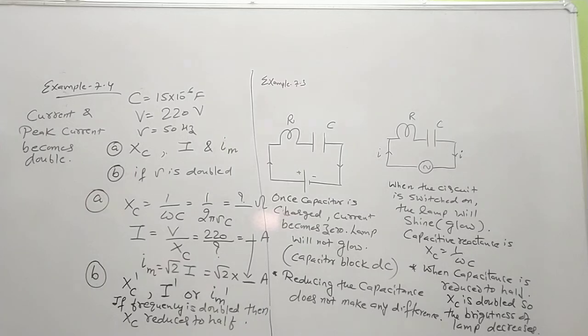So the current in the circuit, whether it is IRMS or the peak, its value will be doubled.